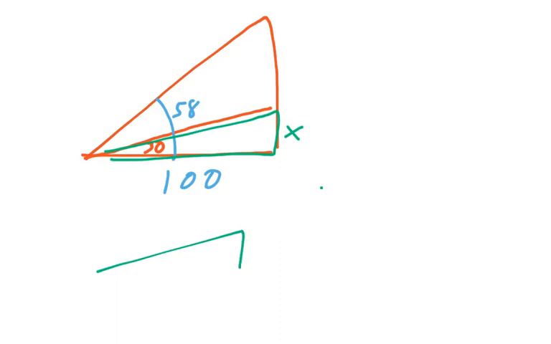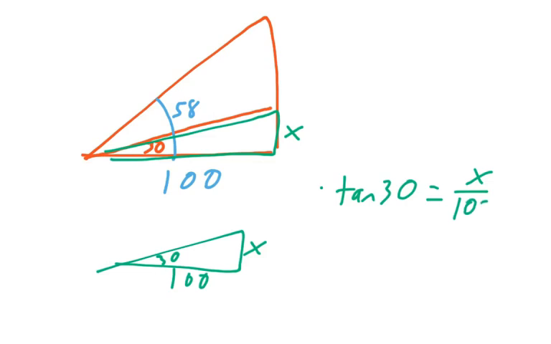So basically we have, this is x and this is 100 and this is 30, and I'm going to use tangent because I have the opposite and the adjacent, and then I'm going to multiply both sides by 100. And that's going to be 57.7.